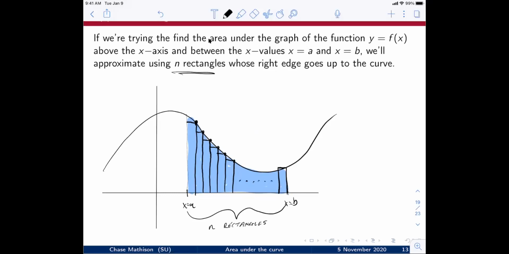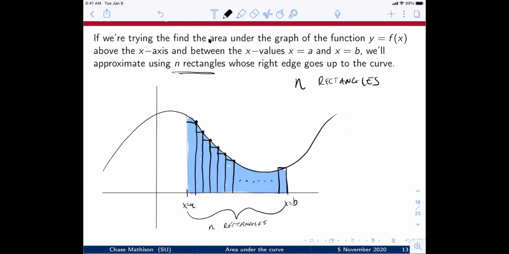Well, I'm trying to fit in rectangles. Again, I'm using n of them. I'm trying to fit n of these rectangles into this interval a to b. Well, how long is that interval? B minus a. So how wide should each of these rectangles be? Perfect.